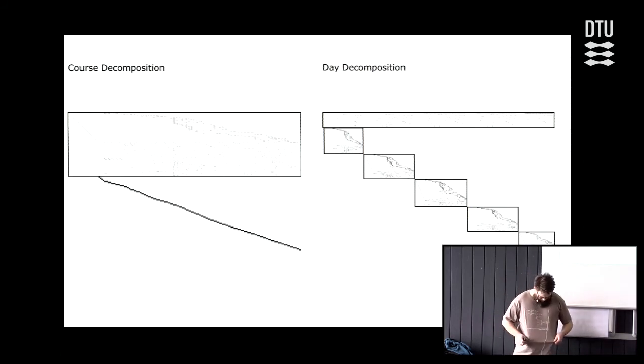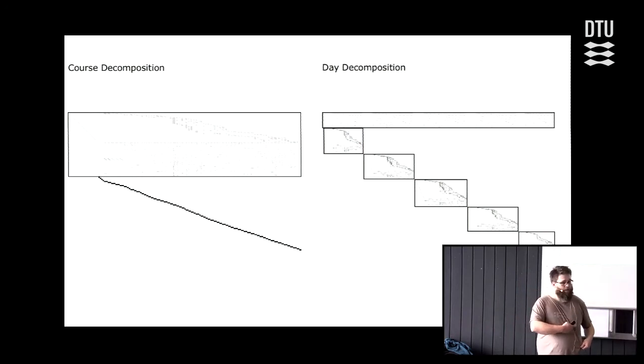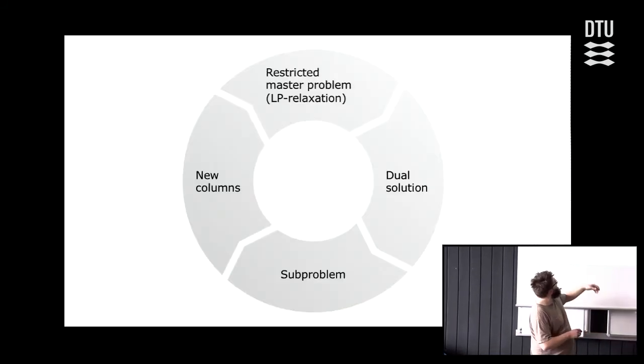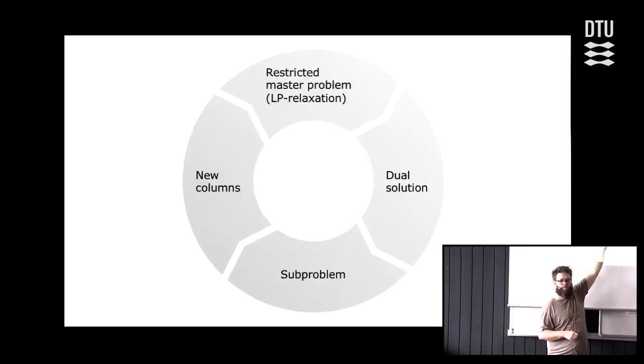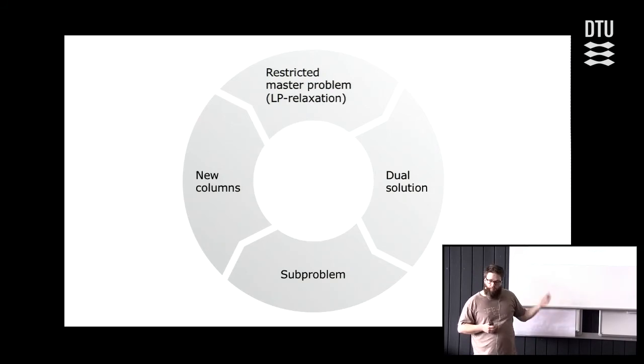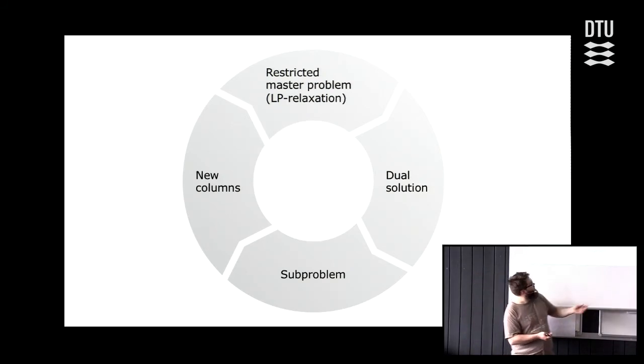So what we do is we do not contain all the variables in our model. We only consider some of them in our model, and this is then called the restricted master problem. We then solve the LP relaxation of it, get the dual solution from that, which we then put into the subproblem.